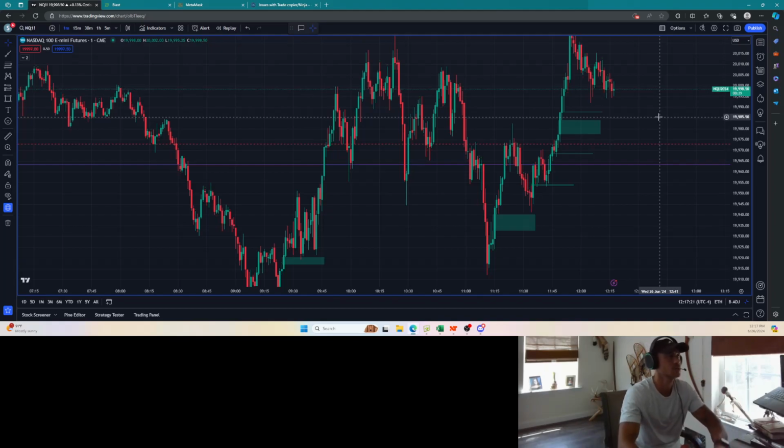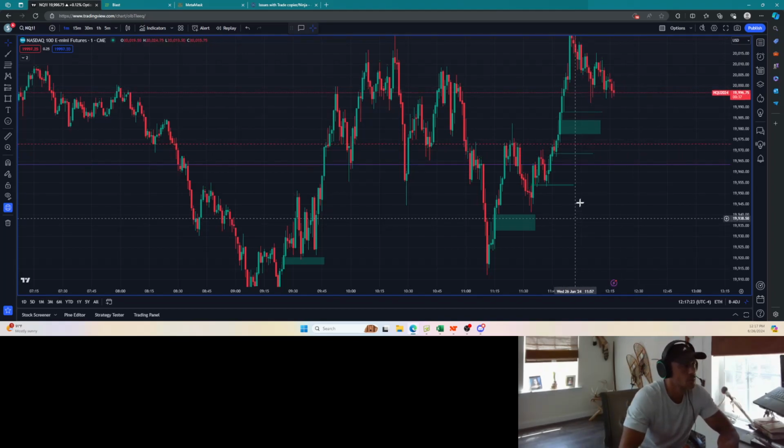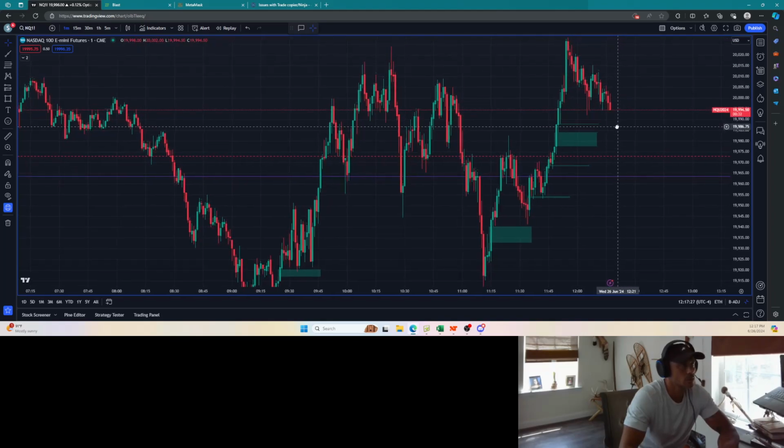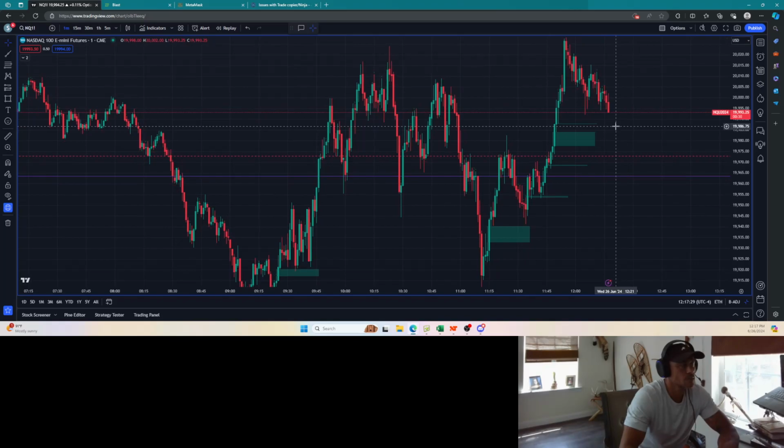Let's say NQ's pumping and they just keep pumping on the larger time frame chart, 5-minute plus, and then you get a little pullback and you think, oh, this might be it, but you don't know. Well, look at the 1-minute chart. If the pullback creates a bearish gap and then they invert and disrespect that bearish gap, that's your add spot or your place to potentially get in.